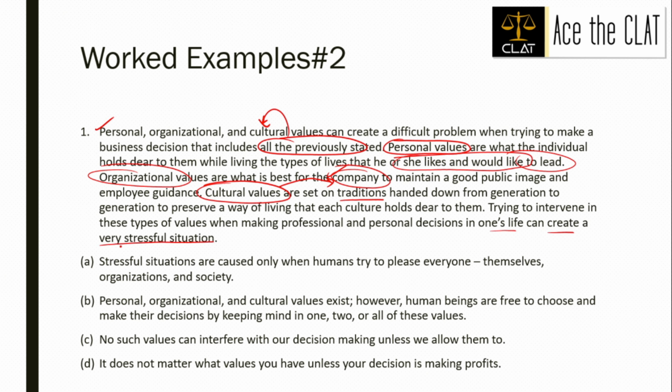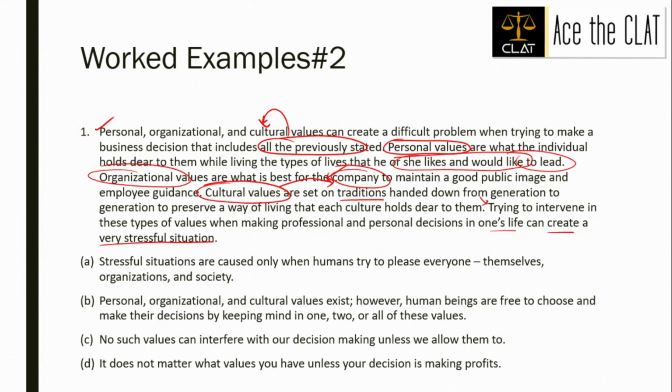Okay, so in this argument, the author starts by making the claim, right? And obviously that claim is in the first sentence. He says that these three values, personal, organizational, and cultural, can create a difficult problem when applied together to a business decision. Then he tries to explain what all these three values are, right?